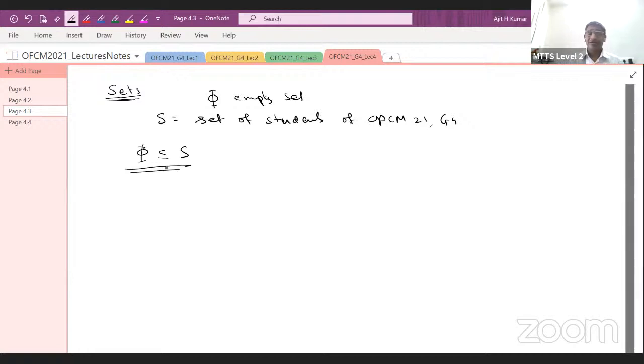I want to write the empty set as a subset of the students here, because you just now said that it's a subset of any set. So I'm giving you a set. Now tell me.